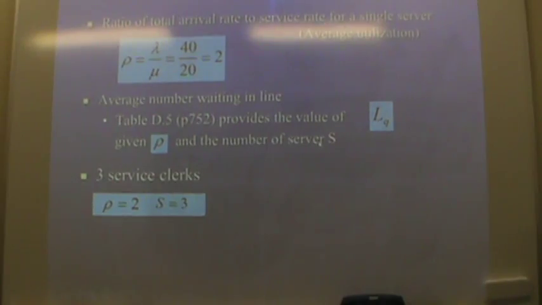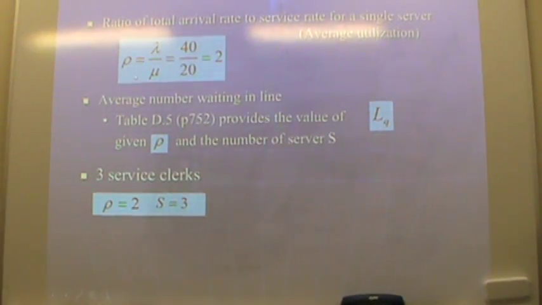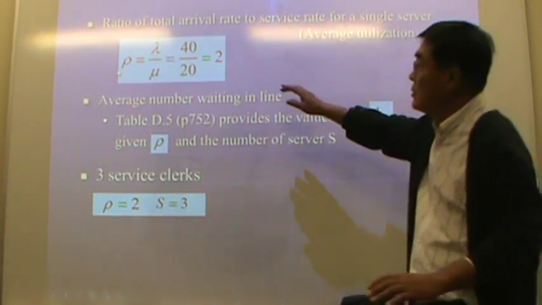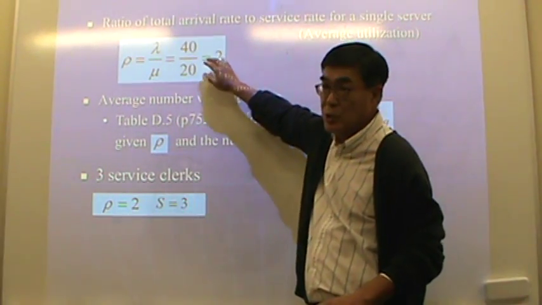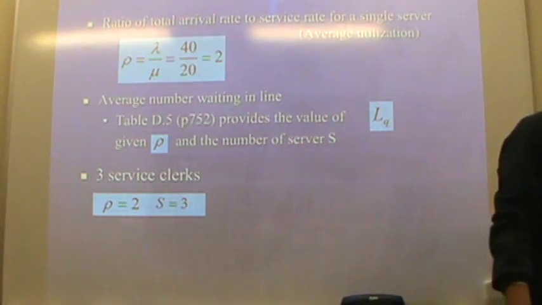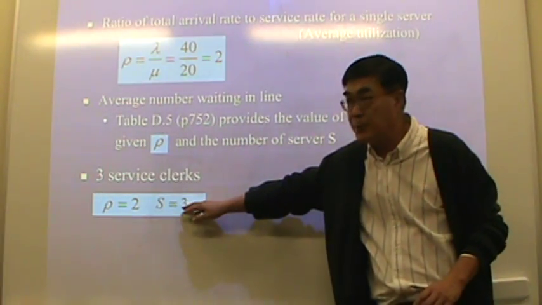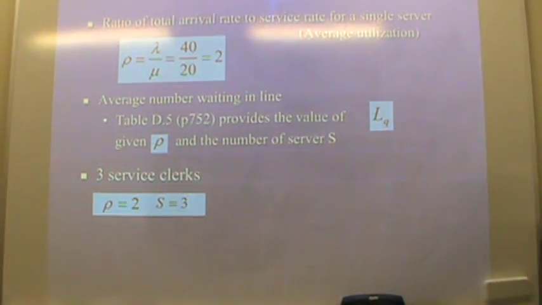If the average utilization rate is 2, then the number of servers is 3, 2 and 3.